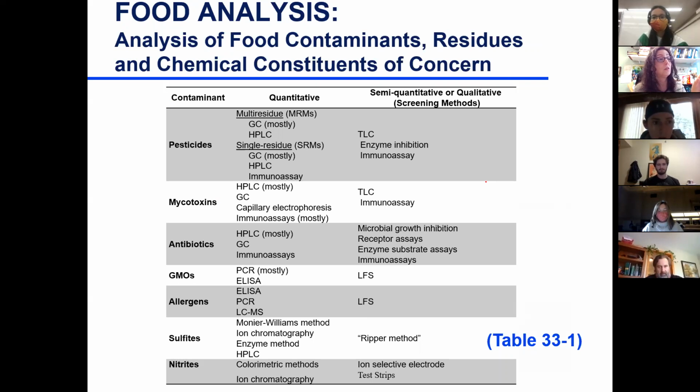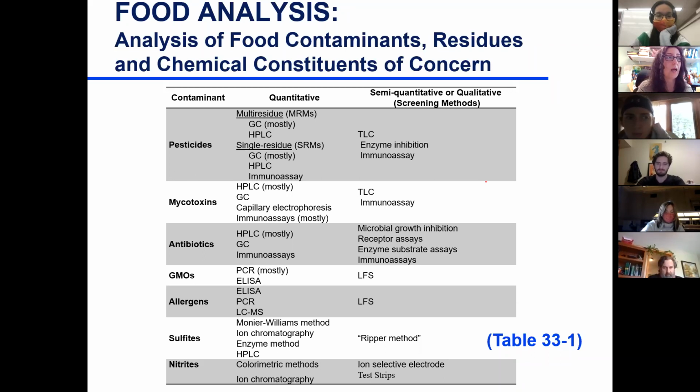It summarizes some quantitative methods of analysis, and then semi-quantitative methods of analysis. It's good to study from and remember a few examples for each of these categories. What would be a quantitative method? What would be a semi-quantitative method? There is another table that is important. I'll show you that later.